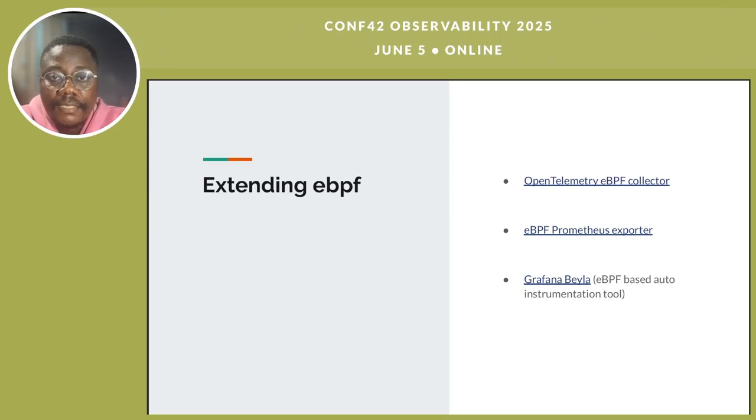For extending eBPF, there's a wide range of tools. OpenTelemetry has one, Meteors has one, Grafana has one. Basically, all of this is based on eBPF and utilizing this revolutionary technology that gives you access to kernel space for your observability tooling.